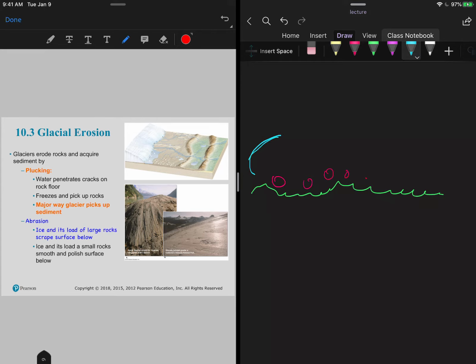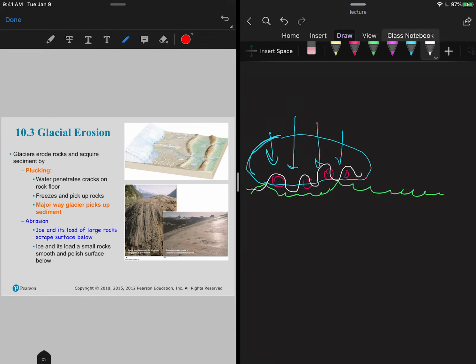So as the ice sheet passes over this region with these loose rocks, what happens again is that at the bottom, there's a lot of pressure pressing down at the bottom of the glacier, and that causes the ice to melt. So you have water that's moving around these pieces of rubble.